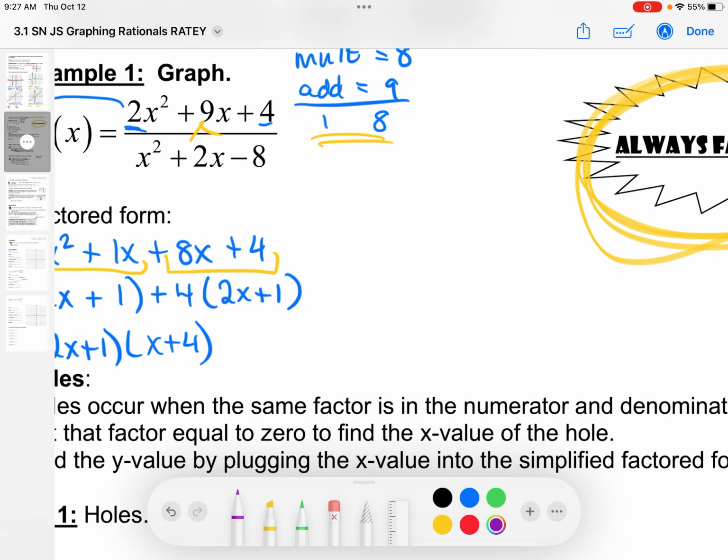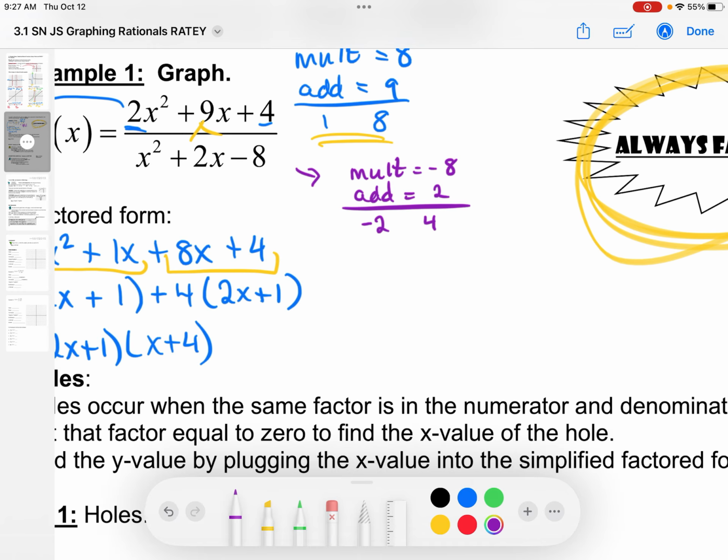Now, go to the denominator. And that denominator has no greatest common factor. It has 3 terms. So for its magic numbers, they need to multiply to be negative 8. And they need to add up to be positive 2. Those numbers would be 2 and 4. We need the 2 to be negative so that the 8 product is negative, and so the adding is still positive 2.